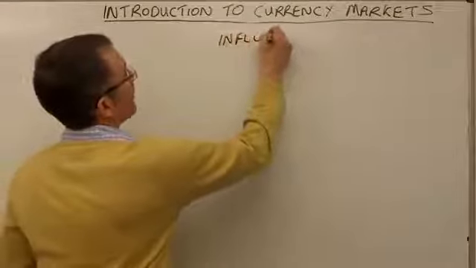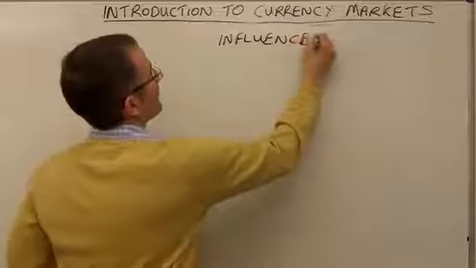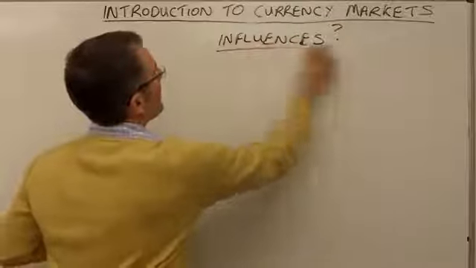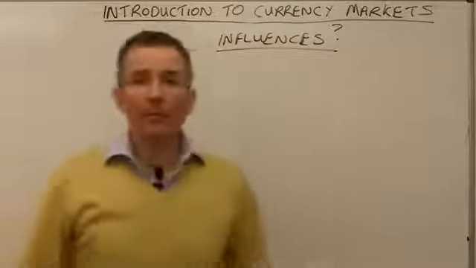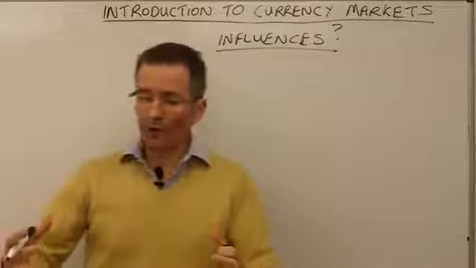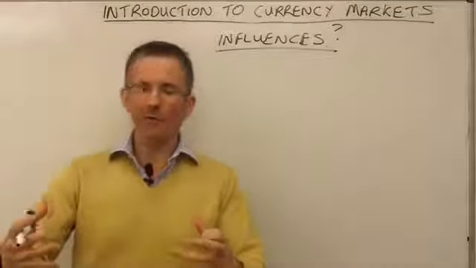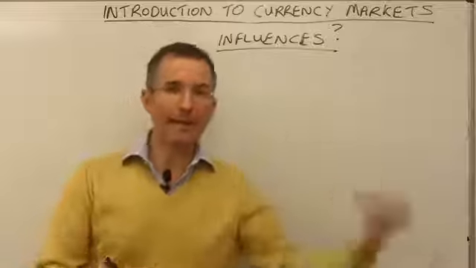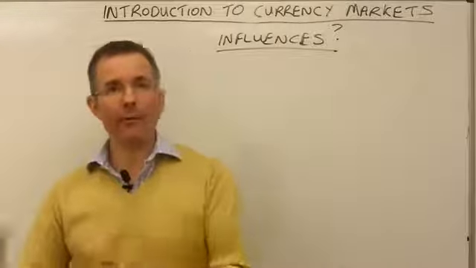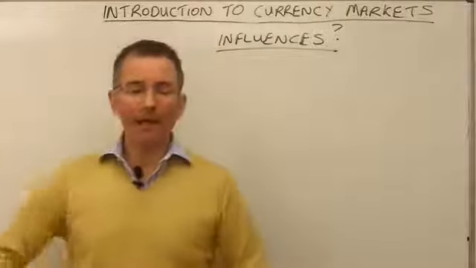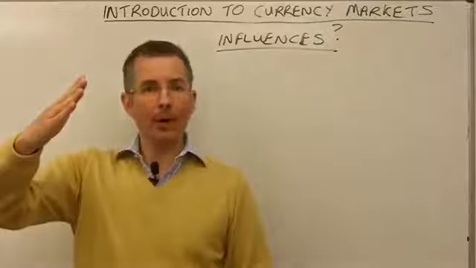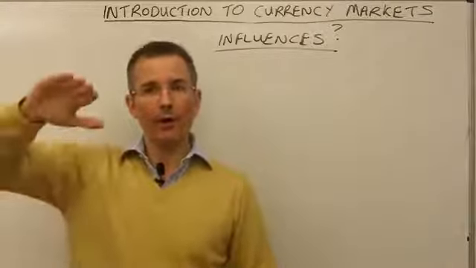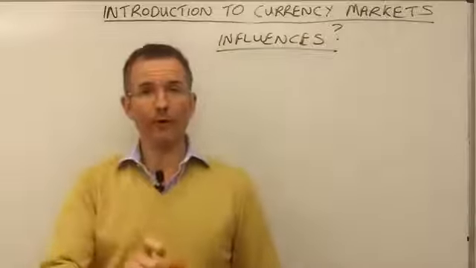And the answer is there are many factors. So what are the influences on a currency pair? So for example, that last one, what's going to change that rate from say 1.55 something to either 1.90 something or 1.25? What's going to move that around? What's going to make sterling strengthen, rise, or the dollar weaken, fall, or vice versa?